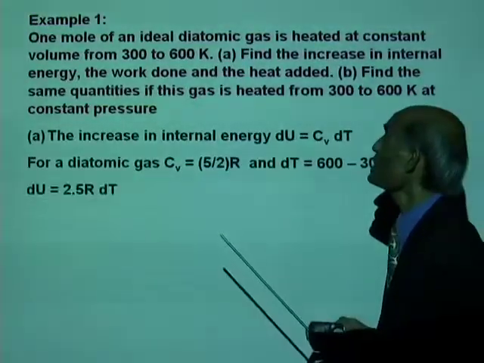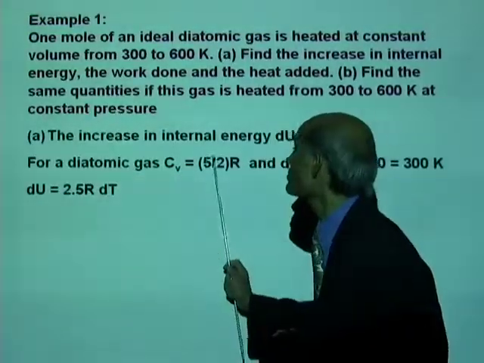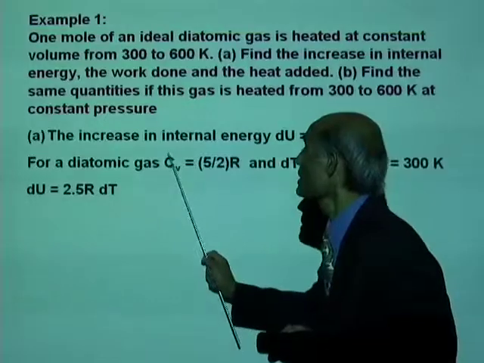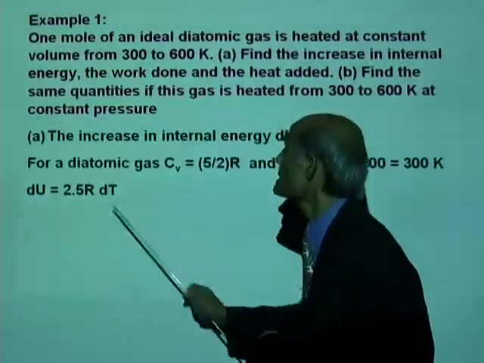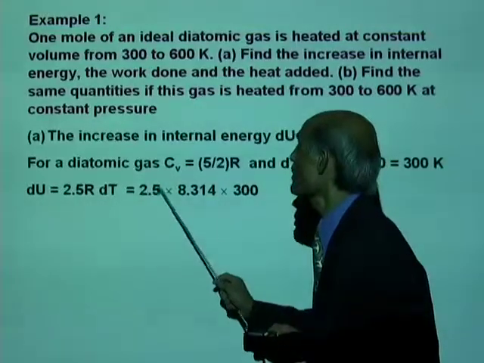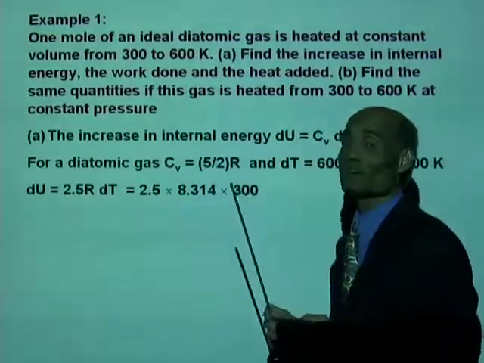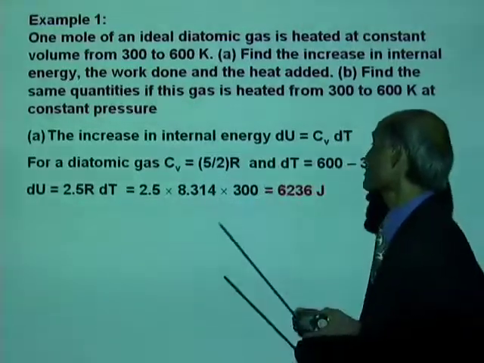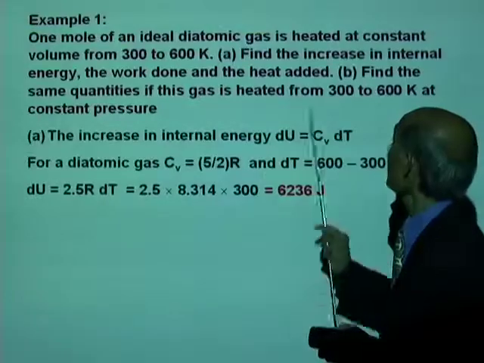So what is the increase in internal energy? dU equal to 2.5 R times dT. That will be 2.5 times 8.314 times 300, and that is 6,236 joules.